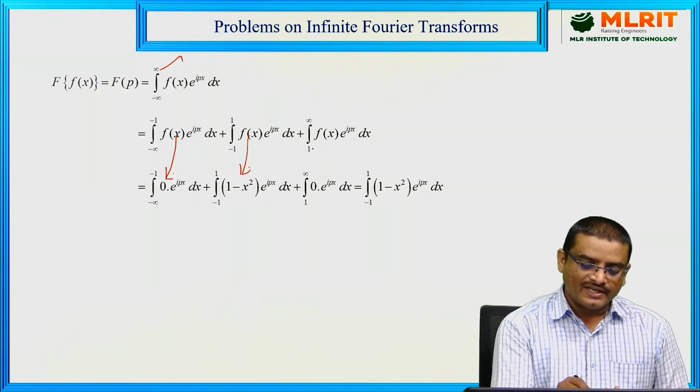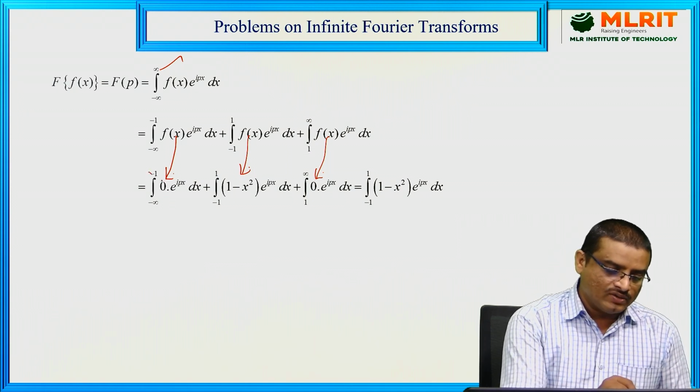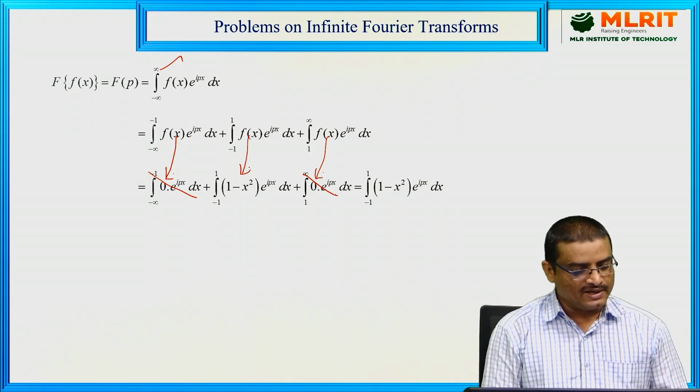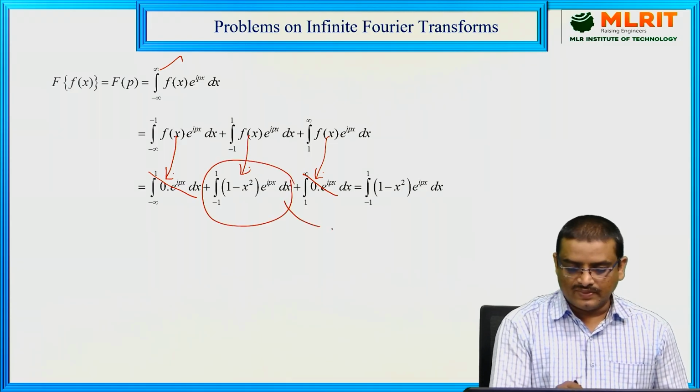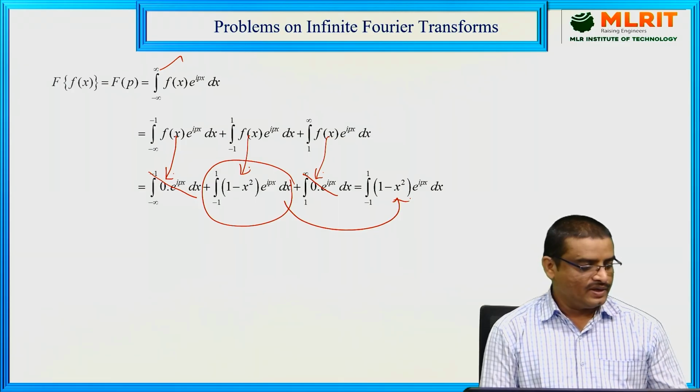And whenever x lies between 1 and infinity, the integral value is equal to 0. So 0 into anything is 0, the first and third integrals vanish, and you get only the second integral remaining: integral from minus 1 to 1 of 1 minus x square into e power ipx dx.